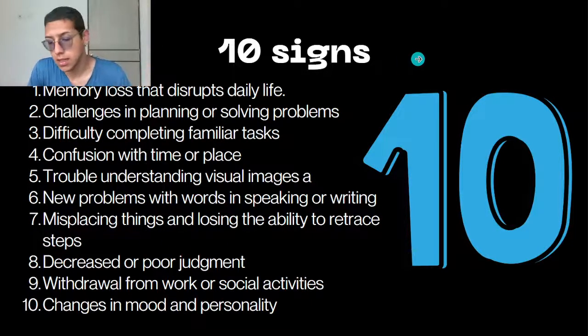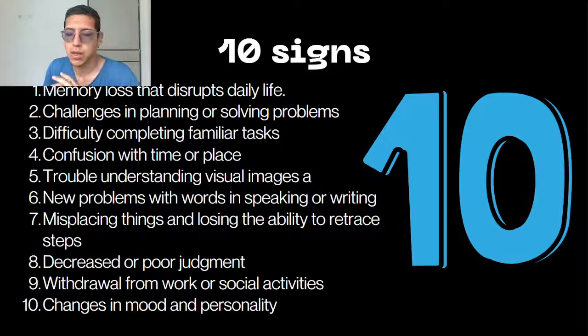This part is important because some people with Alzheimer's can develop aphasia, that is, difficulty understanding writing and speaking language. They can't understand those ways of language.